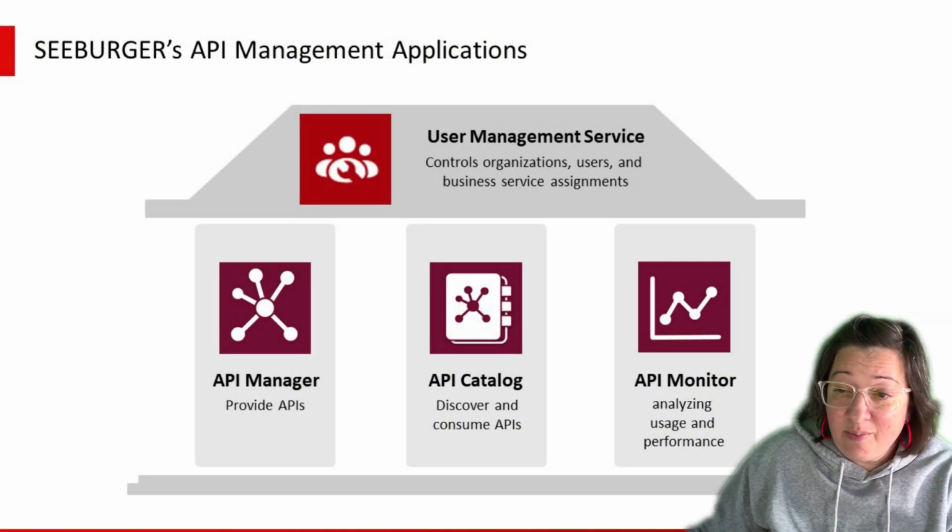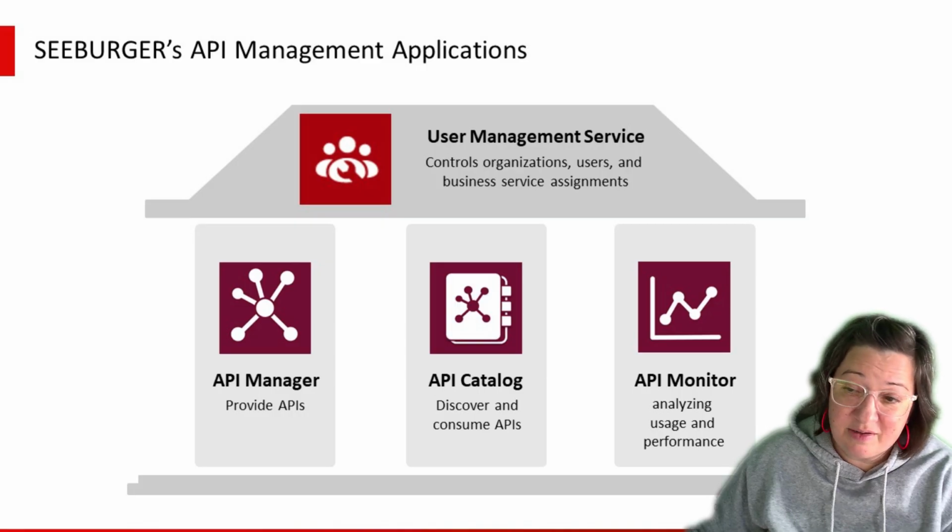These apps are complemented by the User Management Service application, which controls organizations, user accounts, and business service assignments. Together, they provide a complete environment for securely publishing, managing, and consuming APIs.